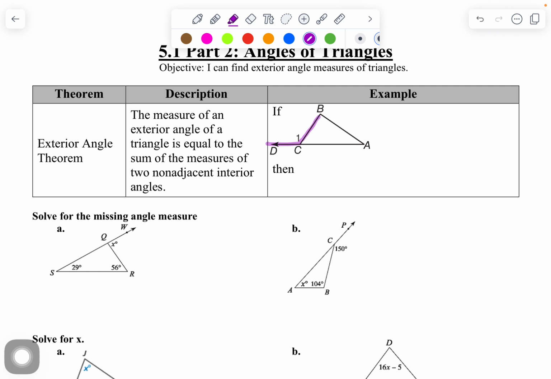In this case, it's this right here. An exterior angle is an angle that is made by extending one of those sides, and then it uses the other side of the triangle.